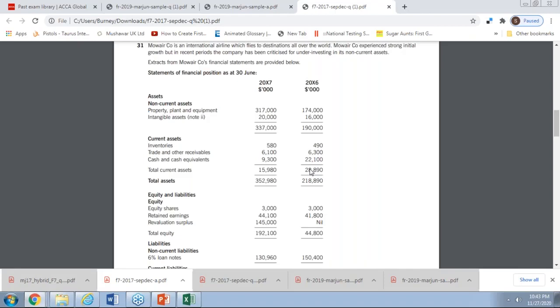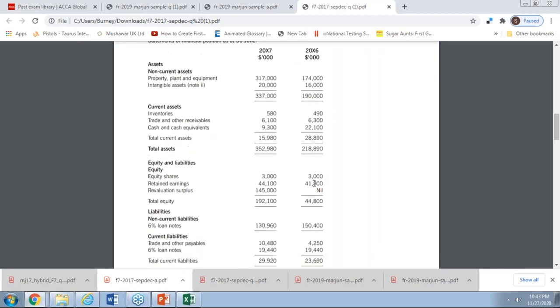Receivables have slightly decreased. Cash has substantially decreased. A substantial decrease in cash means the company is moving towards liquidity issues. The share capital remains the same. The retained earnings remain more or less the same, with a slight increase.